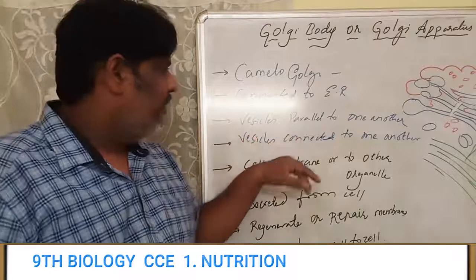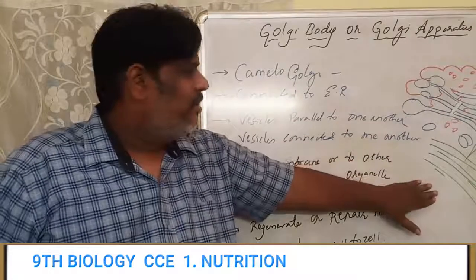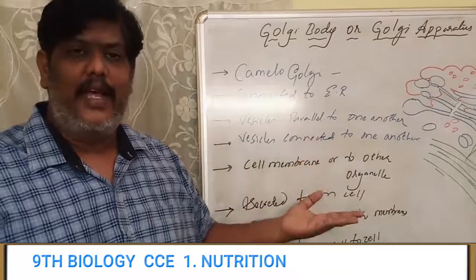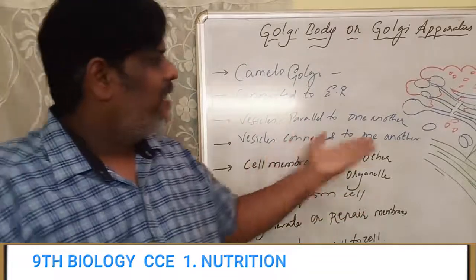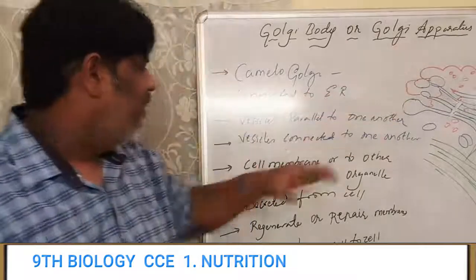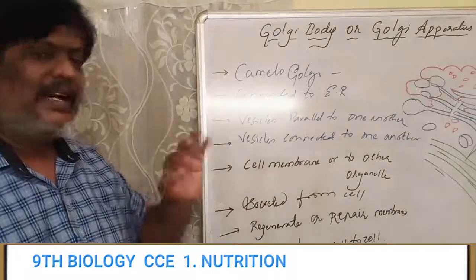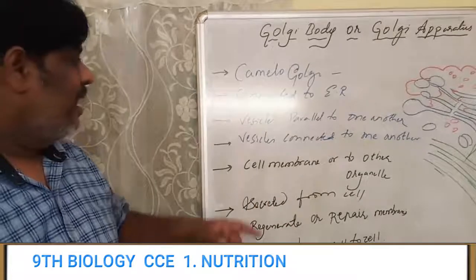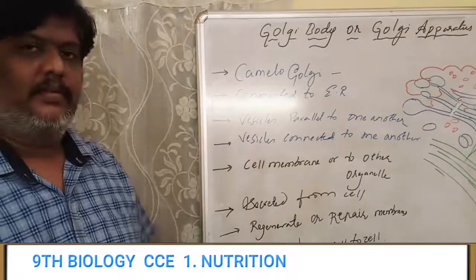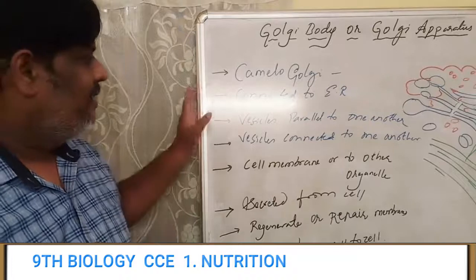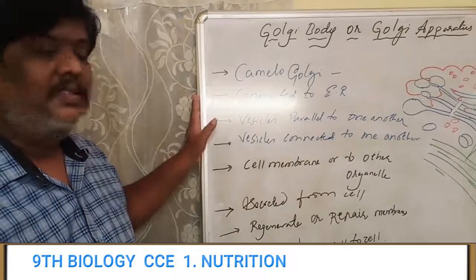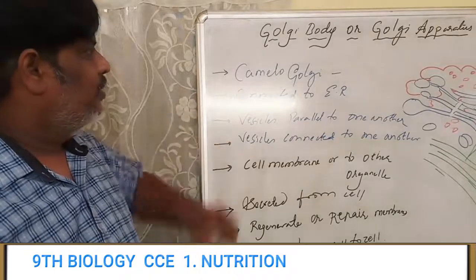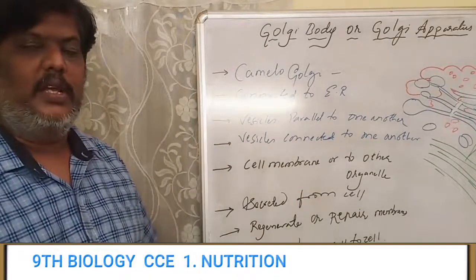In the same way, here the endoplasmic reticulum synthesizes the proteins and fats, and after that they are sent to the Golgi complex where the packing of the contents takes place, and after that they will be sent to the destined places. So this is about the Golgi complex or Golgi apparatus.